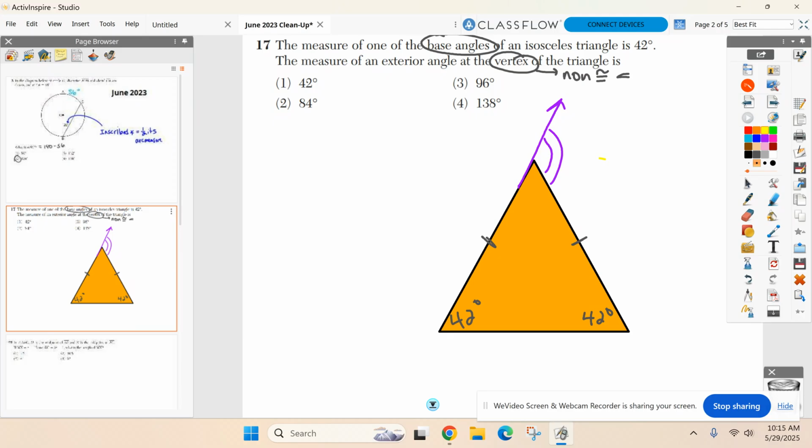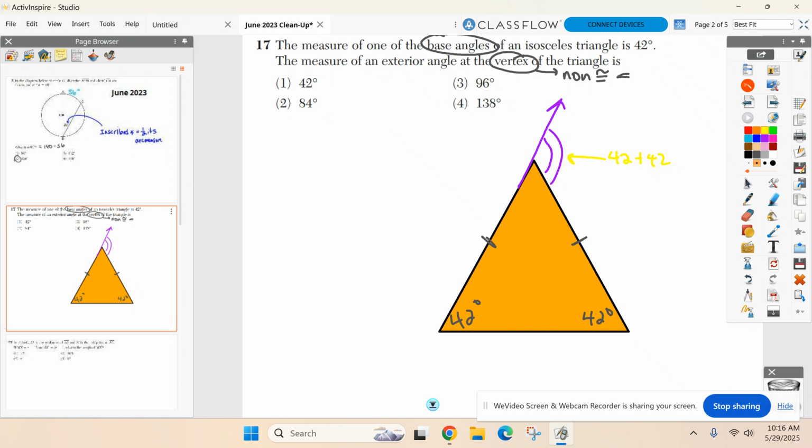So if you want this angle, I can just do 42 plus 42. Any exterior angle of a triangle is equal to the sum of the two non-adjacent, we call them remote interior angles. Yes, I know I could get there by doing 180 minus 42 and then subtracting that again from 180, but I don't know if it'll ever come up that you need that theorem.